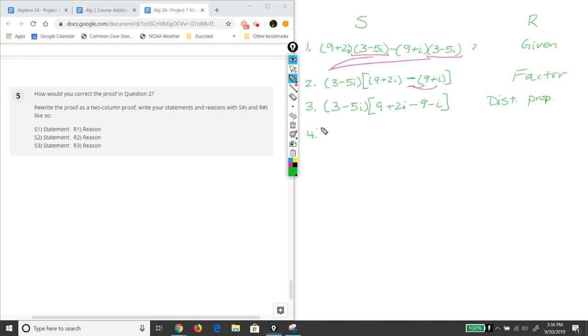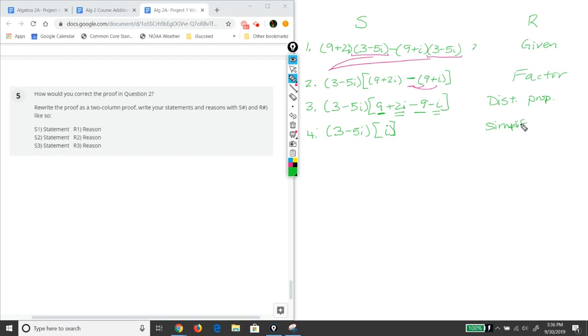Number 4, I'm showing painstakingly every single step here. So I can see that 9 minus 9, oh, whatever, that's a 0. Don't need the 9 anymore. And then here I have positive 2i minus i. Okay, what did we do to get that answer of i? We simplified.